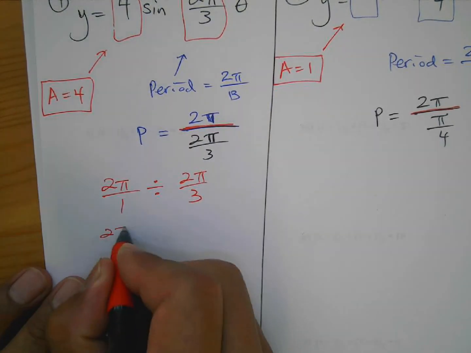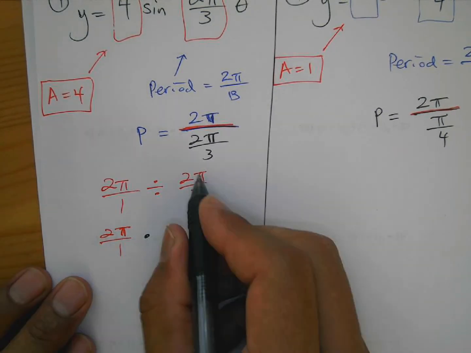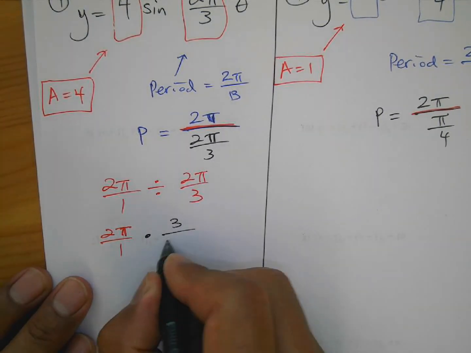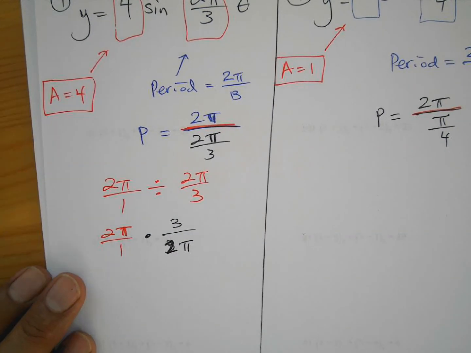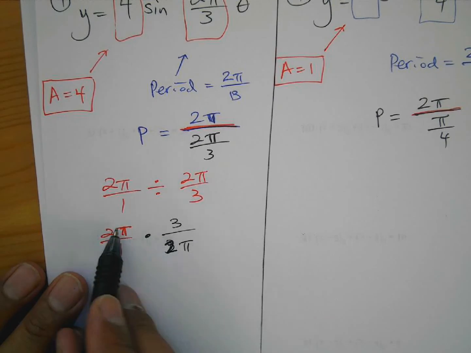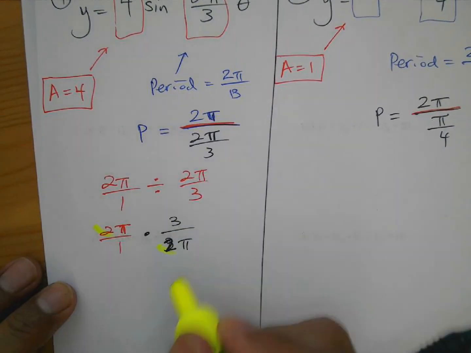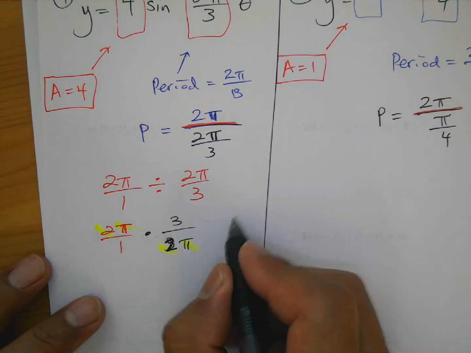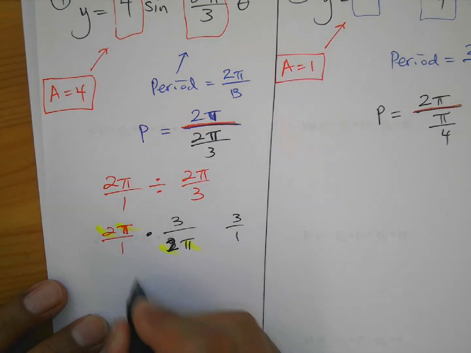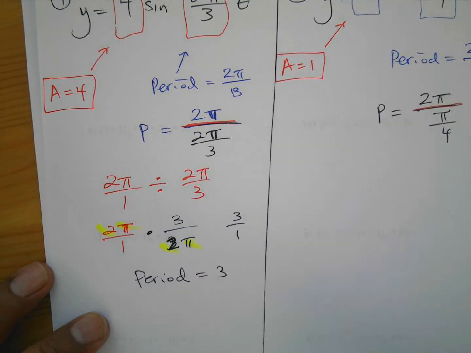That's going to be 2 pi over 1 times, and then you do the reciprocal of this, 3 over 2 pi. Well, what happens here? The 2's cancel out, the pi's also divide out. What's left? 3 over 1. So that means that your period is just 3.